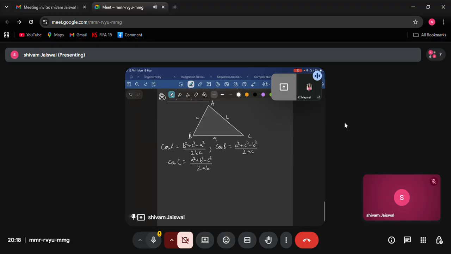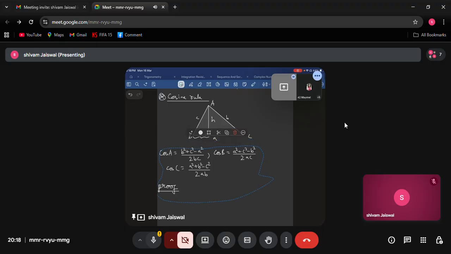Okay. Let us see the proof. How it is coming. What you do is you drop a perpendicular. Let us call this h. So everyone, this is h, and if BD is x, then what is CD?